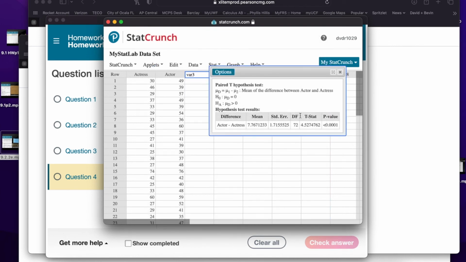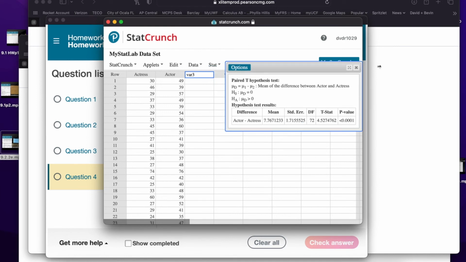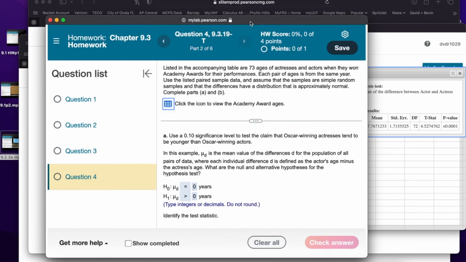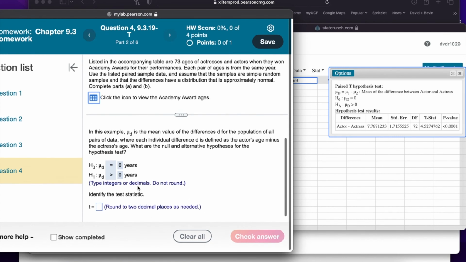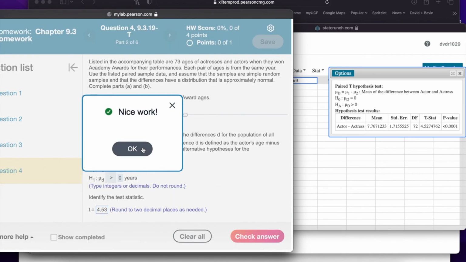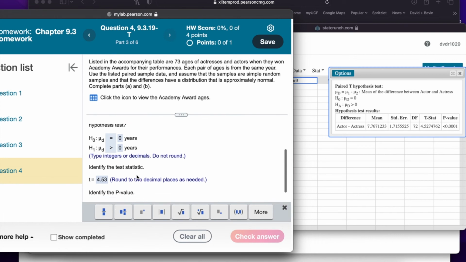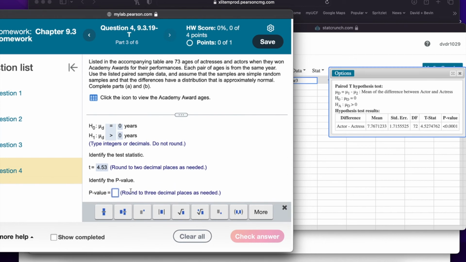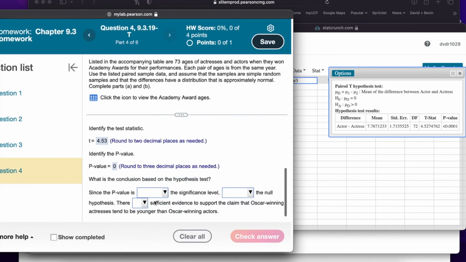Okay, so it looks like our test statistic is 4.53. The p-value is very small, it's essentially 0. And the p-value is definitely less than the significance level, so we will reject the null because there is evidence.